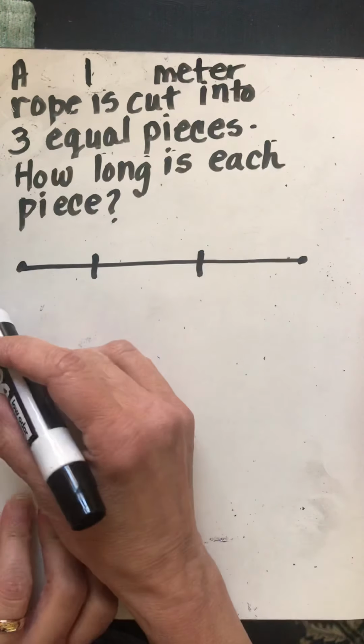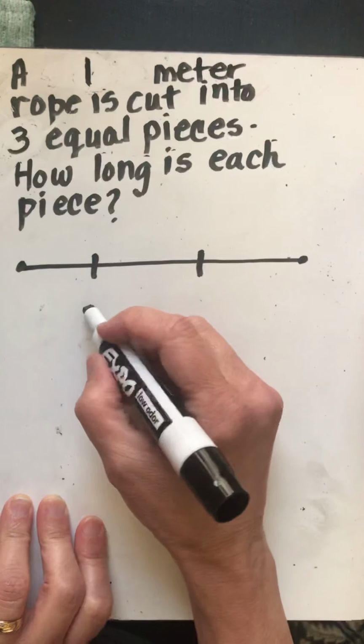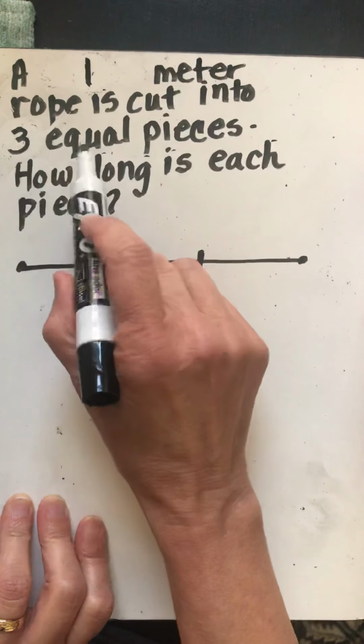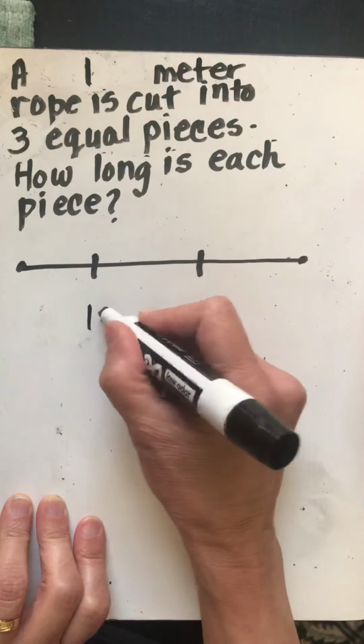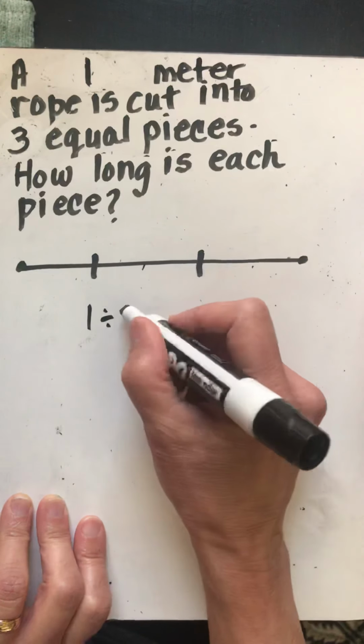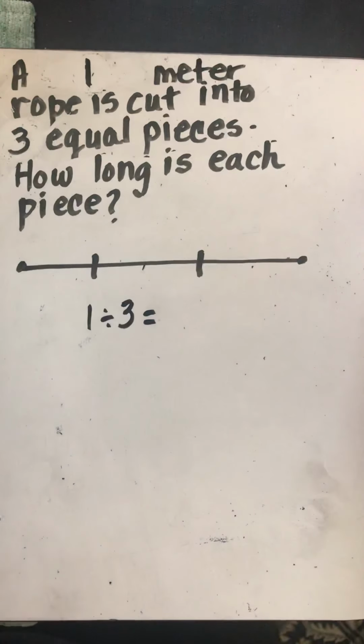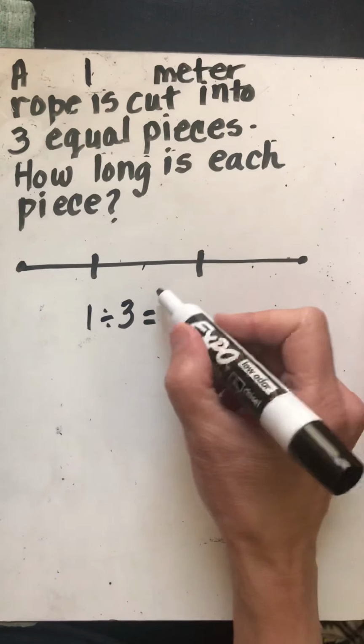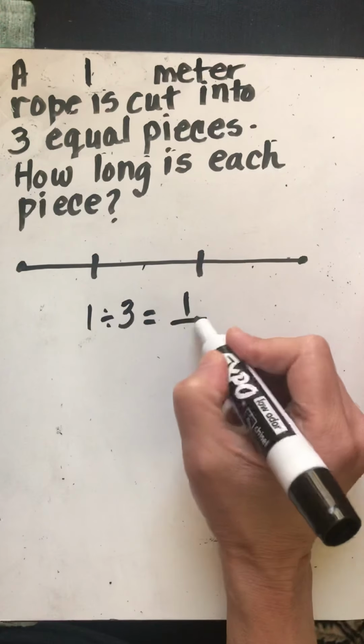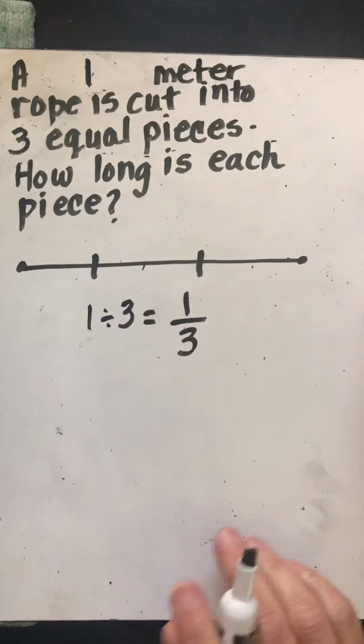I can use 1 divided by how many? Divided by 3. 1, 2, 3. And when you do 1 divided by 3, you all know that 1 divided by 3 is also written like that.